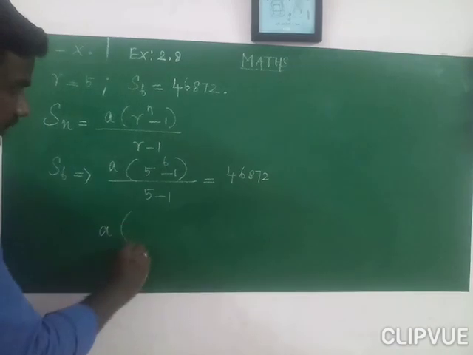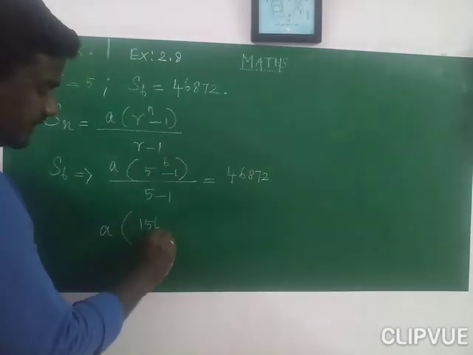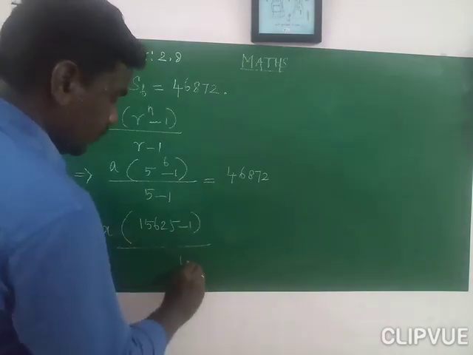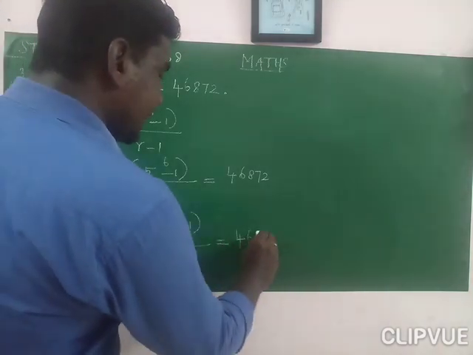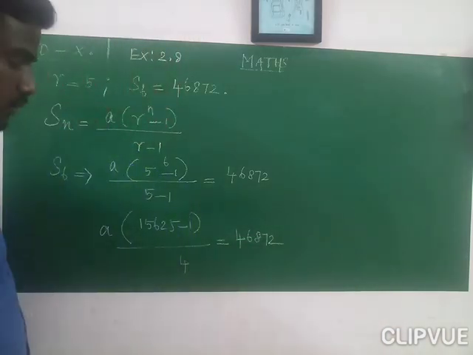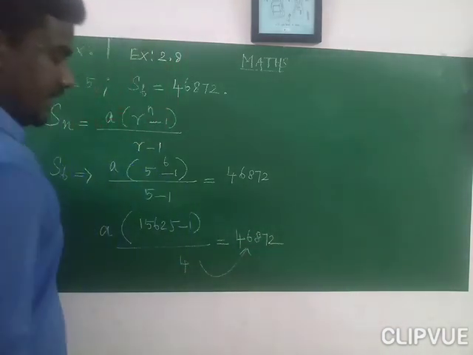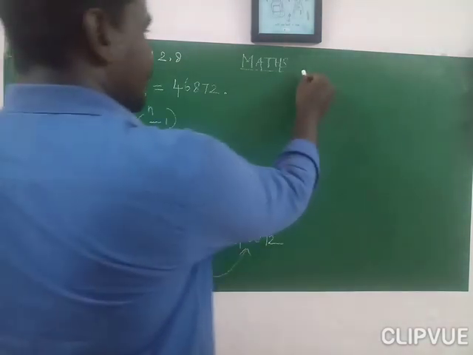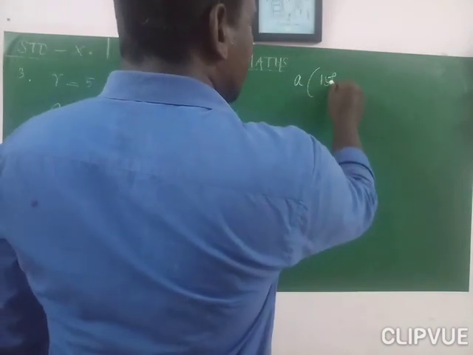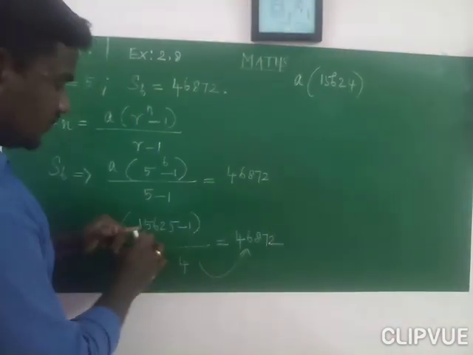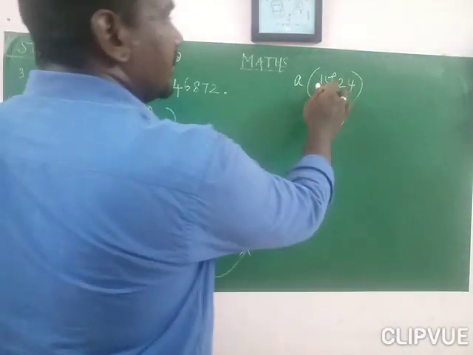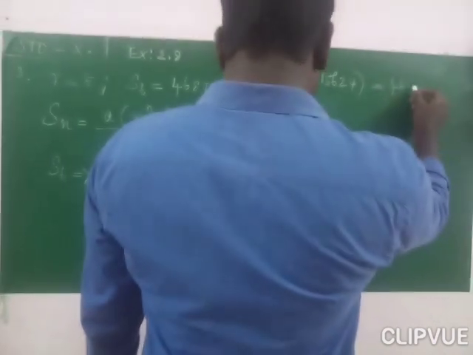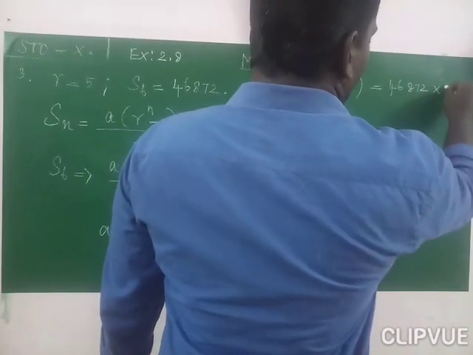And 5^6 has the value 15,625. So a(15,625 minus 1) divided by 4 is equal to 46872. Now the 4 becomes numerator. 15,625 minus 1 gives 15,624. So a times 15,624 is equal to 46872 into 4.